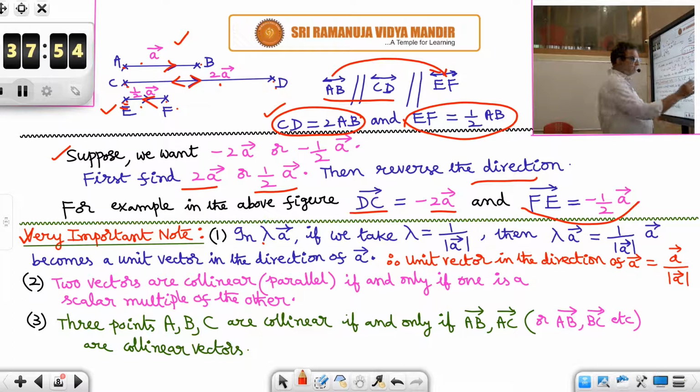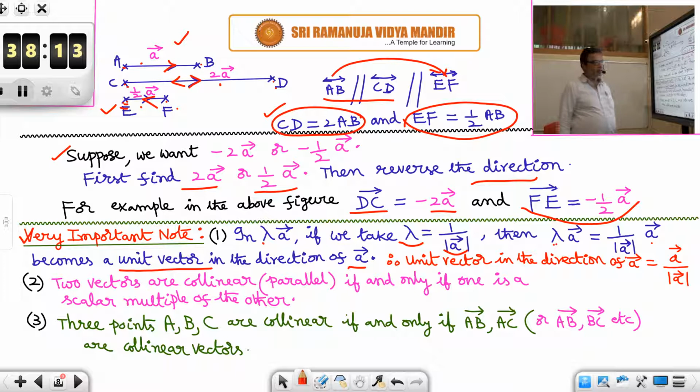So if you select the scalar lambda equal to 1 by mod A bar, then what happens to lambda A bar? Lambda is 1 by mod A, so this becomes what? A unit vector in the direction of A bar.